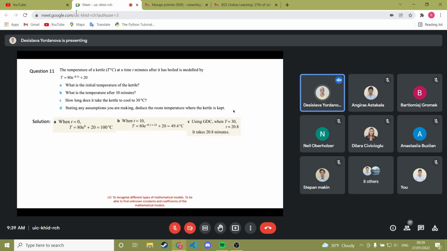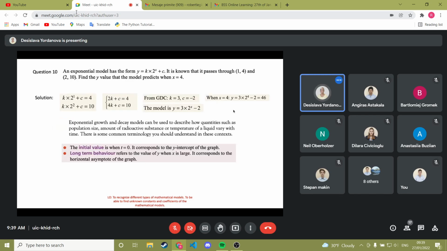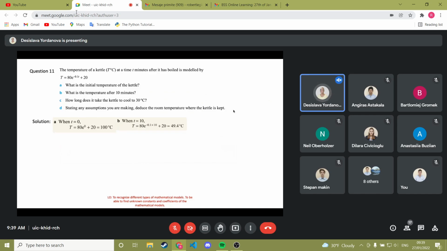Okay. So, stating any assumptions you're making, deduce the room temperature where the kettle is kept. And this refers to the last thing from the previous slide, long-term behavior. If we assume that nothing else changes, that the material the kettle is made of doesn't affect the temperature and so on, if we leave the kettle an infinite time like that, the temperature will be equal to the room temperature.